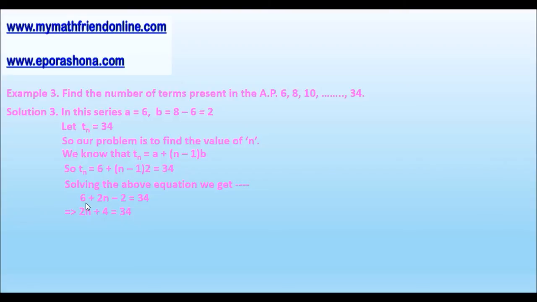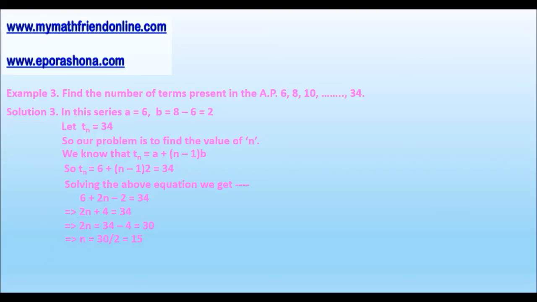We have first of all computed 6 minus 2, and we have got 2n plus 4 equal to 34. Next, we will be taking this 4 to the other side. So 2n equal to 34 minus 4, which is equal to 30. So 2n equal to 30. Now n will be equal to 30 divided by 2, that is equal to 15. So we have got the value of n, that is T15 equal to 34.